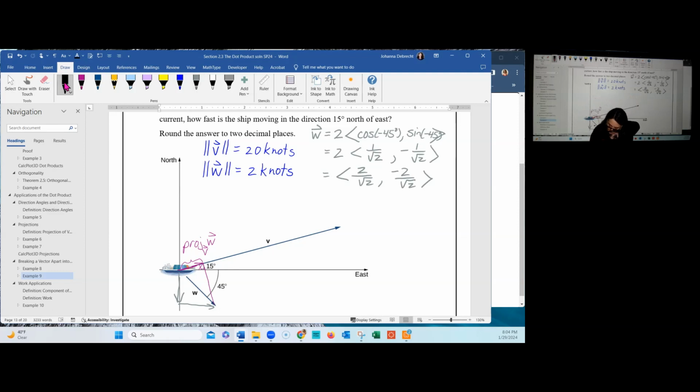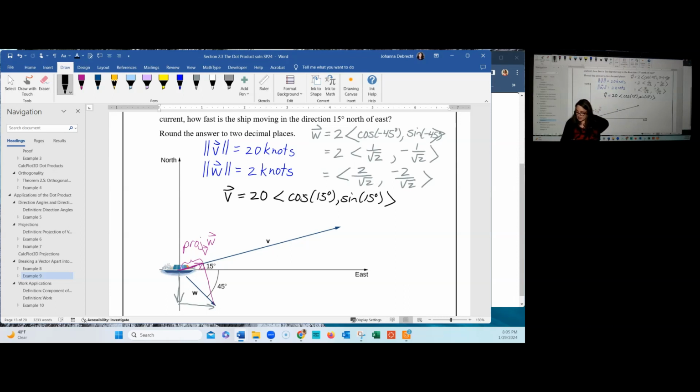I can use a similar idea to find a representation for vector V. So let's represent vector V now. So vector V is going to be equal to the magnitude, which is 20, times the cosine of 15 degrees and the sine of 15 degrees, which again will be a unit vector because of the Pythagorean identity for trig.